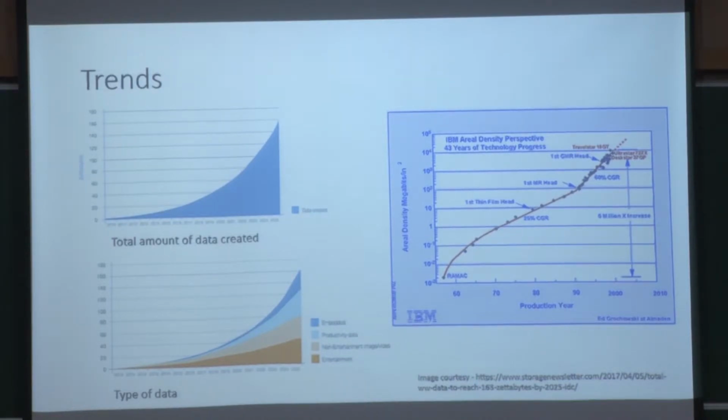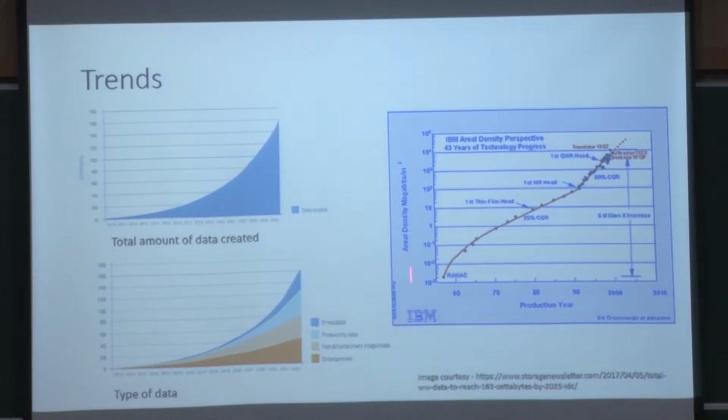So again, the one thing to note here is that the density of storage, how many bits per square inch or per square millimeter that you can store, is not increasing that fast, right? This is a little older graph that shows on the x-axis the time progression, 1960s all the way to 2010s.